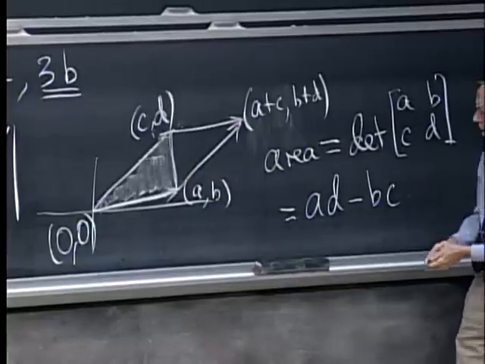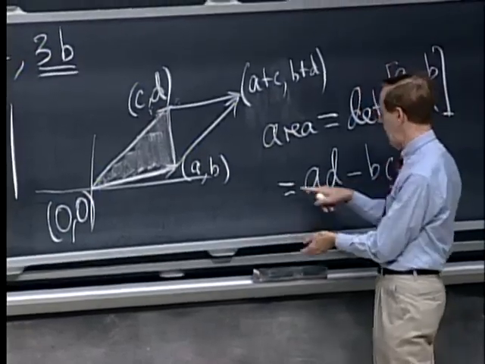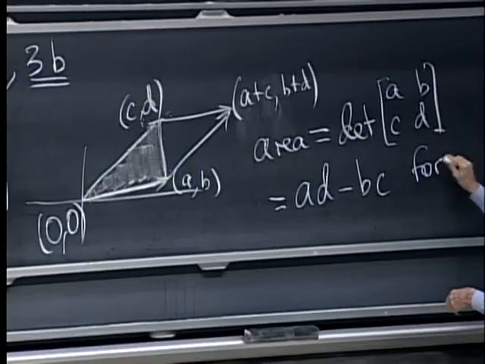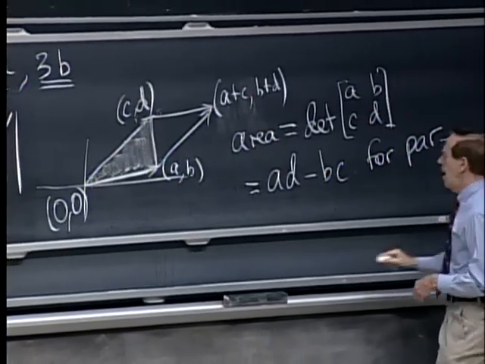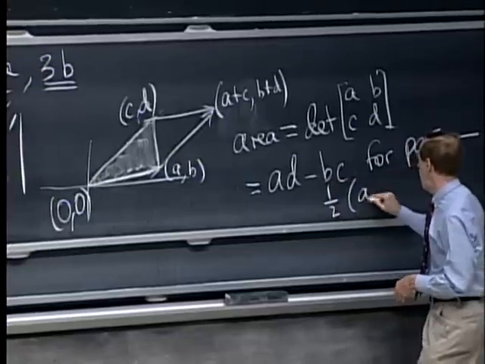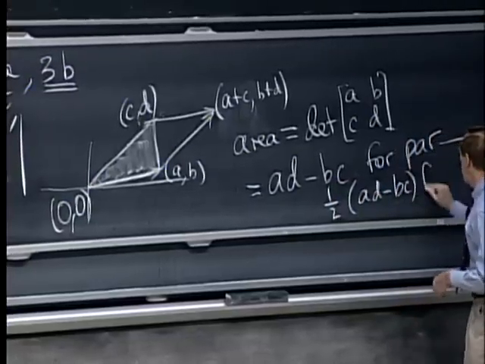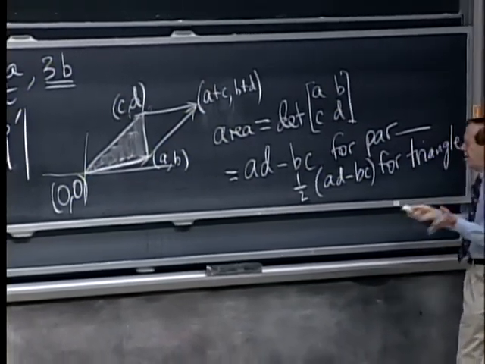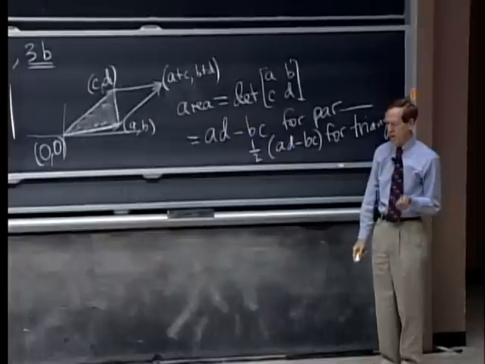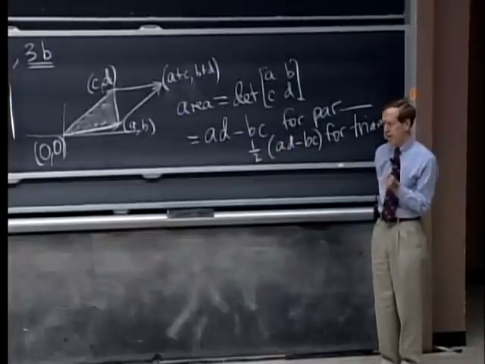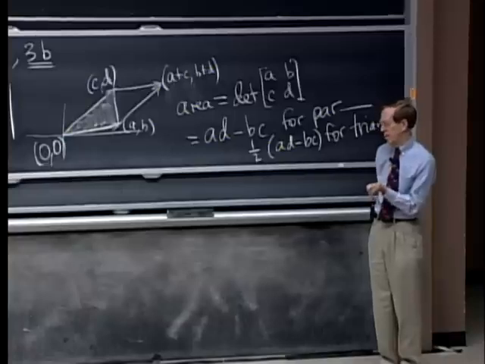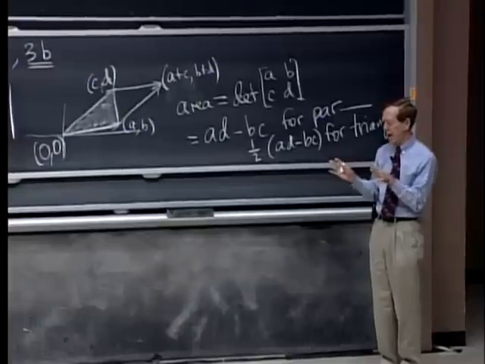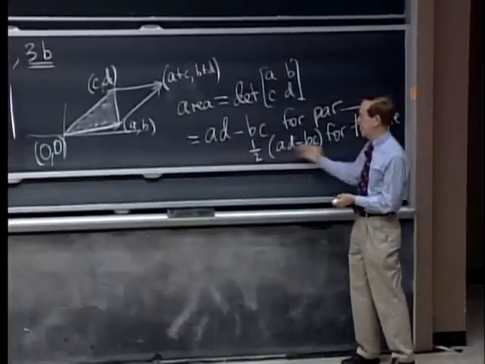It's just half of this. So this is AD minus BC for the parallelogram, and 1/2 of AD minus BC for the triangle. This is a totally trivial remark to say, well, divide by 2. But you more often see triangles and feel you know the formula for the area, but the good formula for the area is this one.